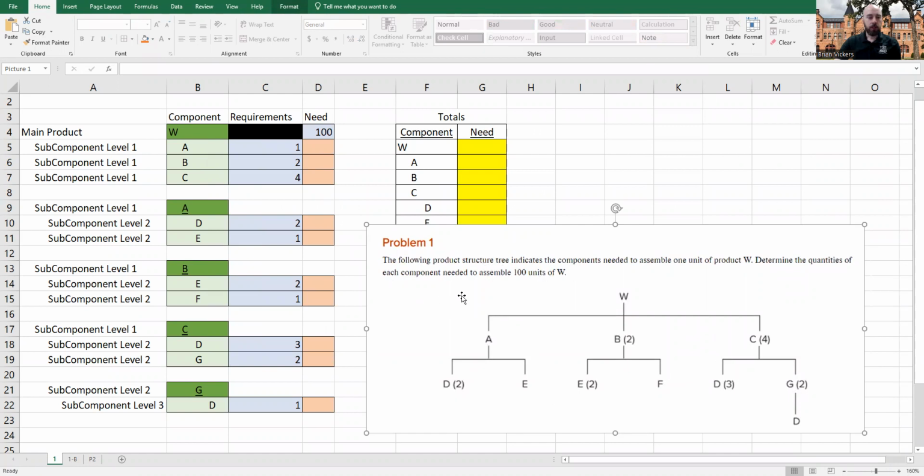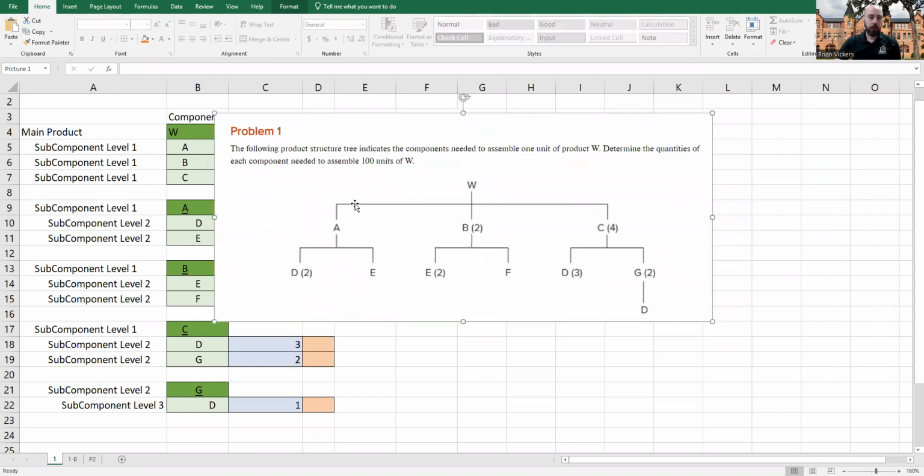Problem 1 on the practice problems is all about looking at a product structure tree to make a bill of materials so that we can see how many of each of these subcomponents are needed to make 100 units of product W. So product W is the end product.